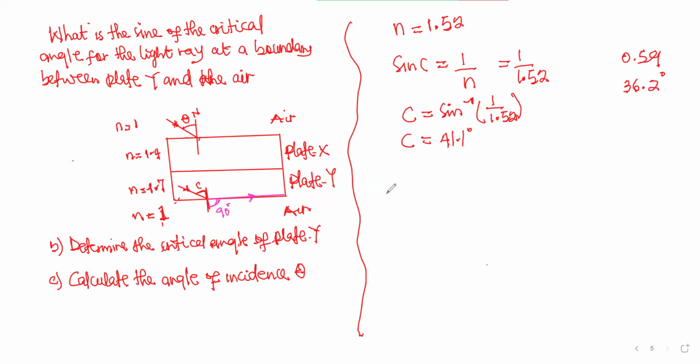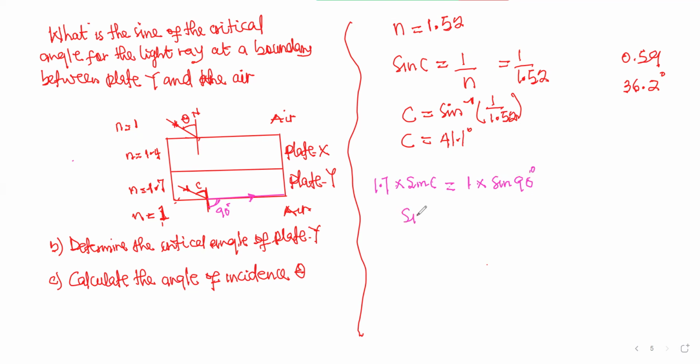Therefore, the product of the refractive index 1.7 times sine C must be equal to the refractive index of air, which is 1, times sine of 90 degrees.